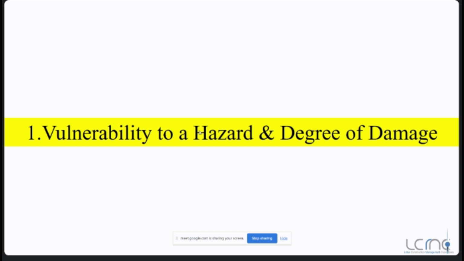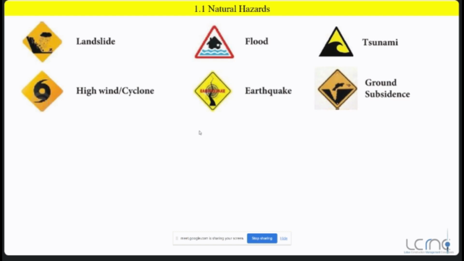Starting from the first session, vulnerability to hazard and degree of damage. When you are talking about natural hazards, you all know what these are. Some of these natural hazards occur in the Asian region, but most are related to other countries and regions. I'm going through this background information rapidly.